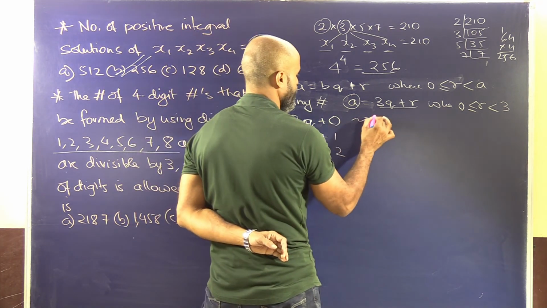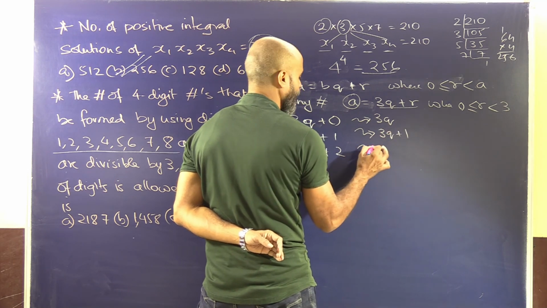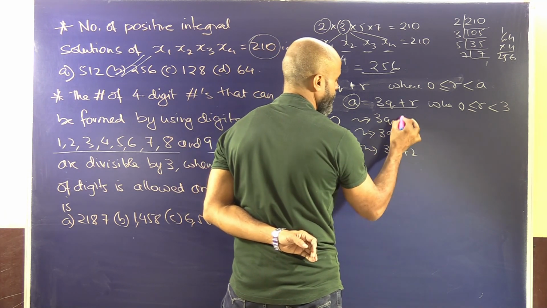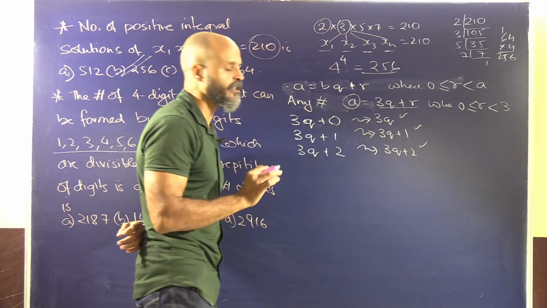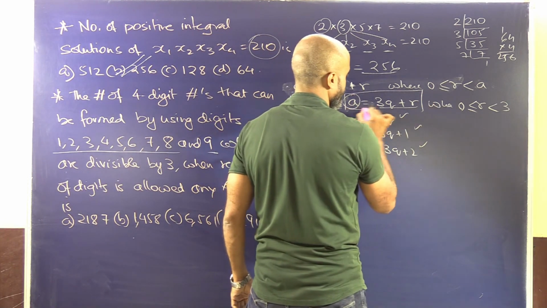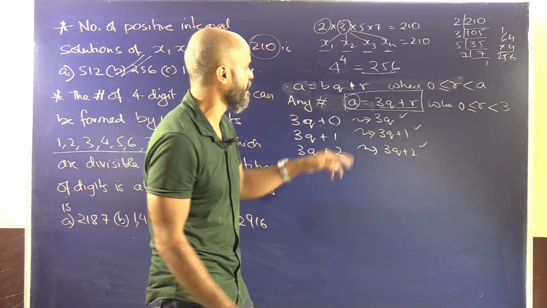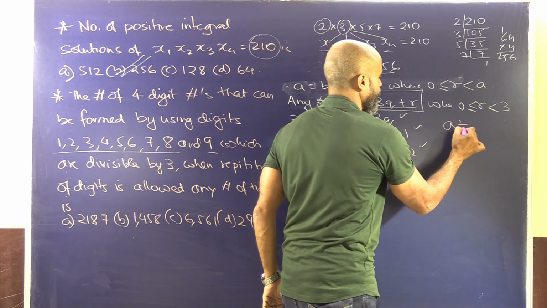So any number can be expressed in three formats: 3q, 3q plus 1, and 3q plus 2. We are basically using this division lemma: a is equal to bq plus r, if a is divided by b.